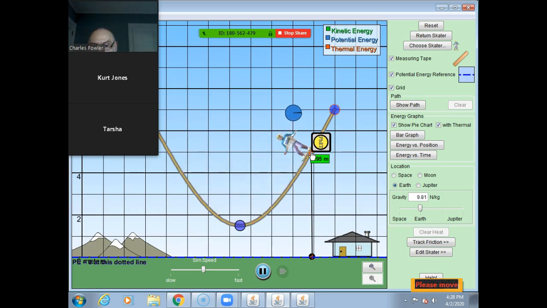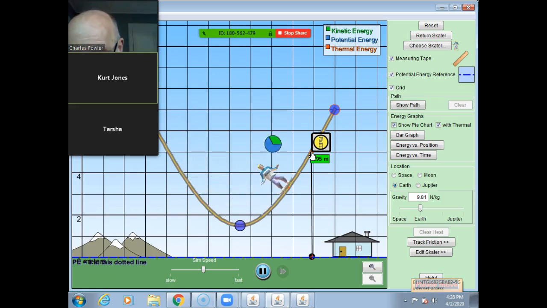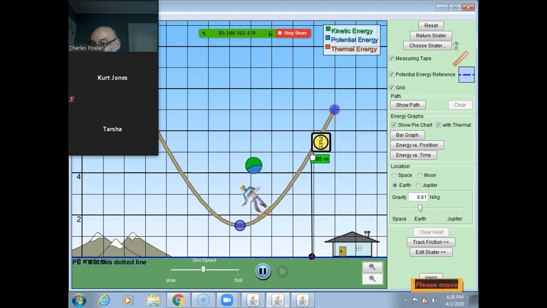What's the formula for kinetic energy? Anybody remember? 1/2 mv squared, exactly. Well, his velocity is 0. What's his kinetic energy? 0. Very good.